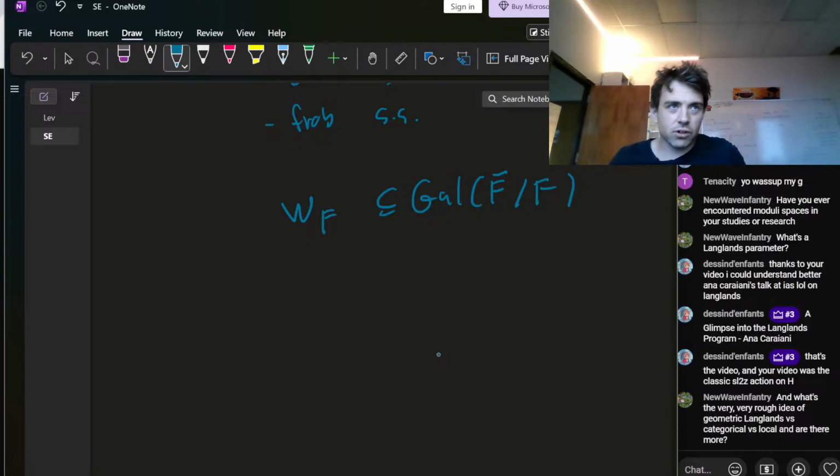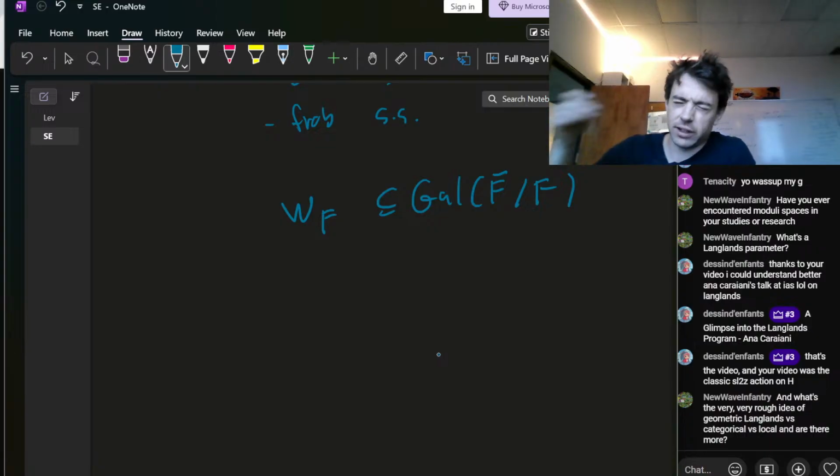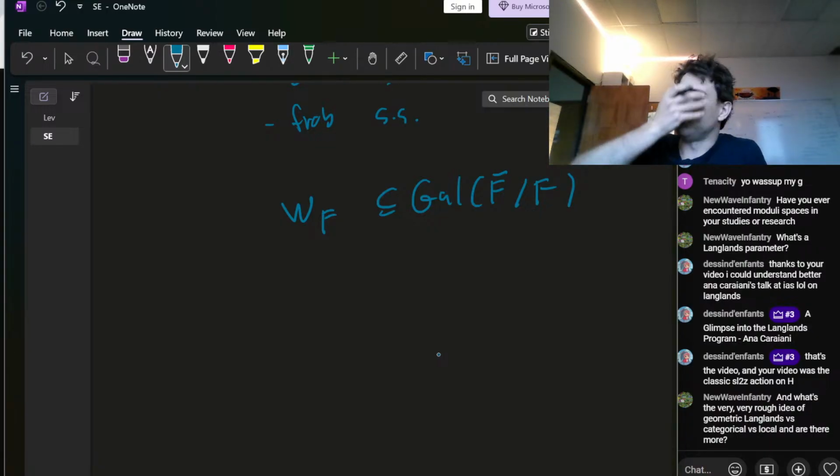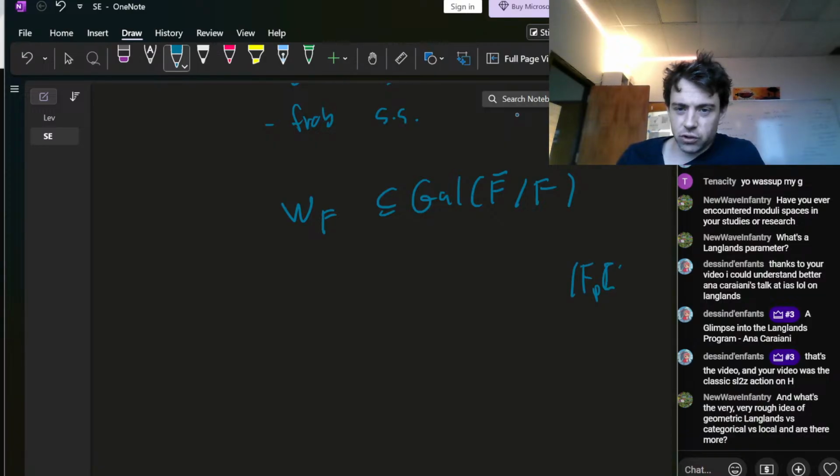I mean, geometric Langlands, very roughly, you're looking at groups over function fields. Local Langlands is looking at groups over local fields. So function fields are things like the functions of some algebraic variety.